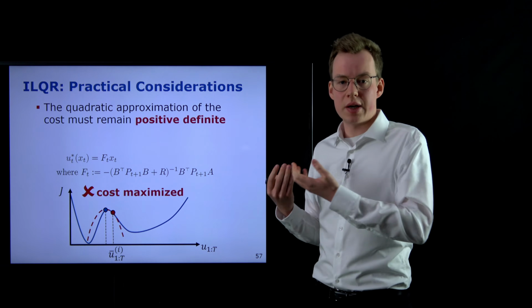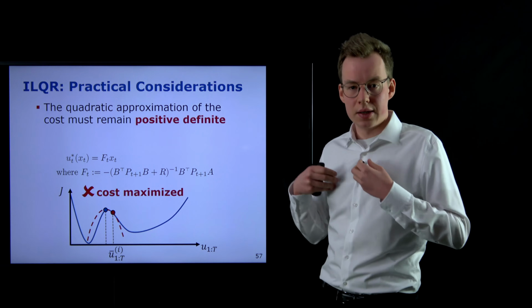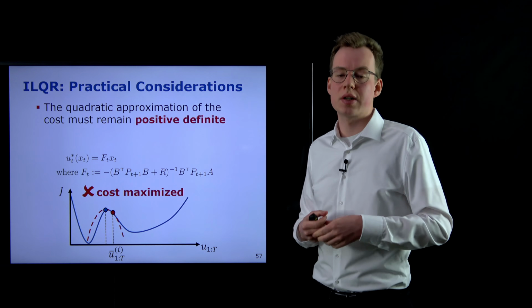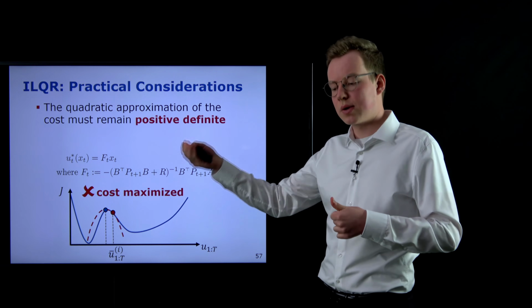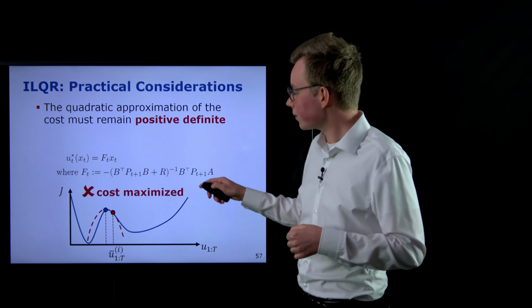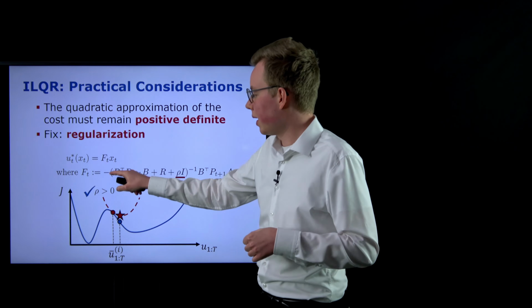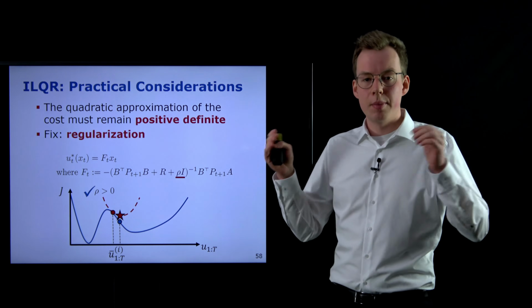But now we can't choose these matrices, they are derived from the local approximation of the problem. So we have to make sure that when we take the Taylor series expansion, these assumptions still hold. A simple thing that we can do is to make sure that this expression remains positive definite.